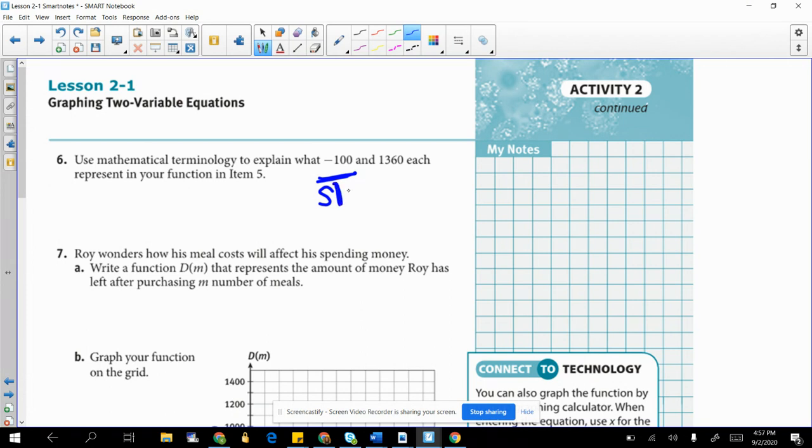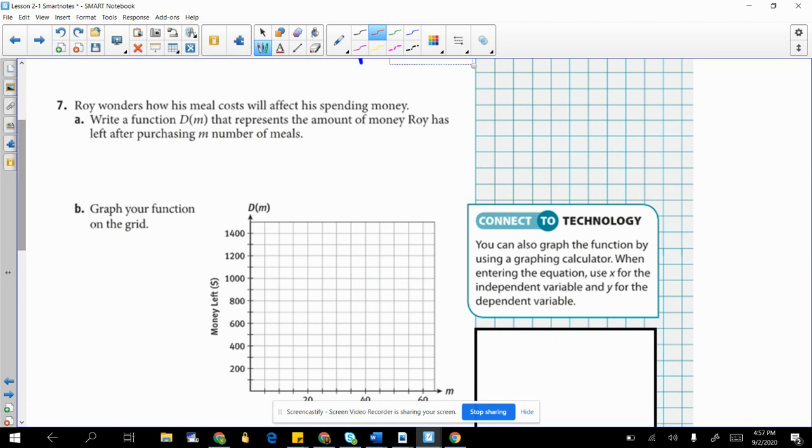Bear with my drawing today. Sorry about it. And then this 1360 is going to be the y-intercept, which makes sense, right? Because the negative 100 is the constant rate of change, and the 1360 is the starting point, or how much money he has. Okay. All right. Moving right along to number 7.